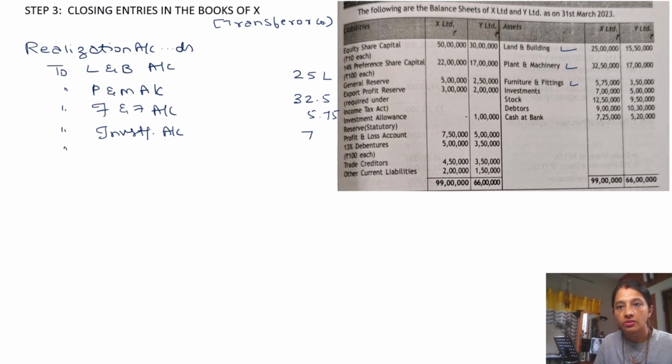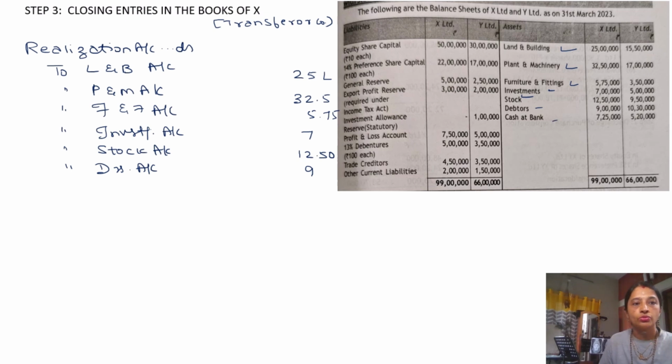Then to stock, amount is 12 lakhs 50,000. Then to debtors account, amount is 9 lakhs.